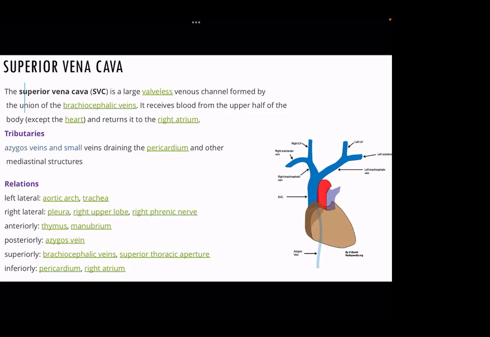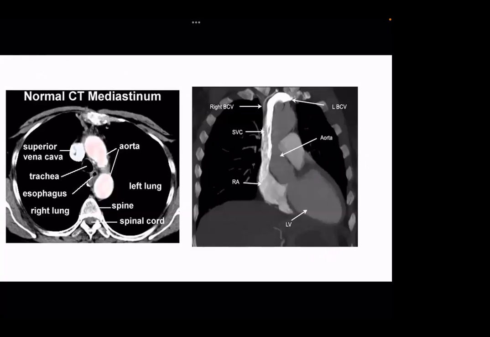Relations: left lateral, the aortic arch and the trachea; right lateral, the pleura; anteriorly, thymus; posteriorly, the azygos vein; superiorly, the brachiocephalic veins; and inferiorly, the pericardium and right atrium. And this is a normal CT mediastinum showing the superior vena cava and its relations. And this is the coronal image showing the superior vena cava draining into the right atrium.